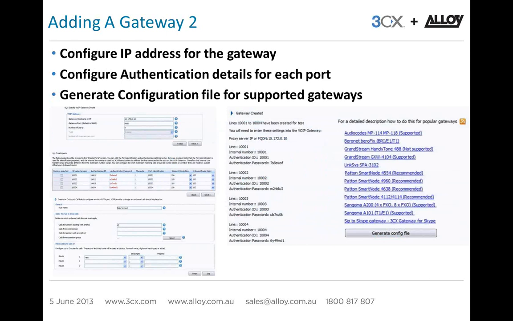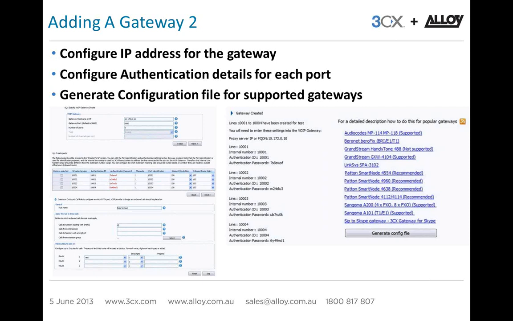Once we've configured what we want to go into the Patton, 3CX generates a config file. This config file you basically download into your documents or your downloads.